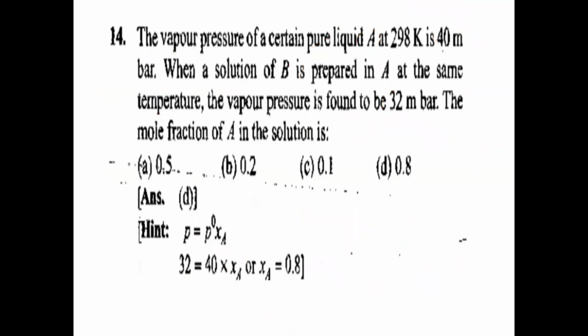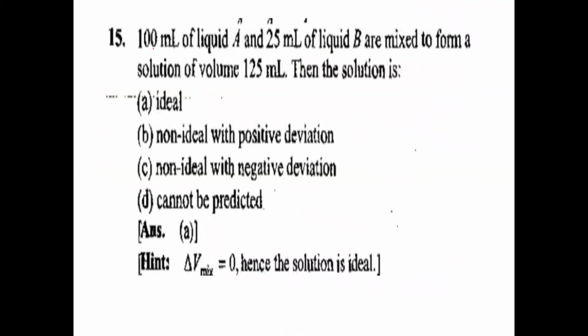Okay, it is another example problem. Now one more problem: 100 ml of liquid A and 25 ml of liquid B are mixed to form a solution of volume 125 ml.